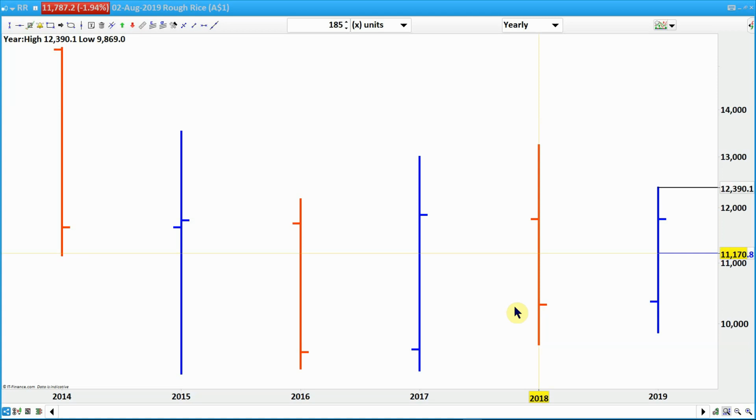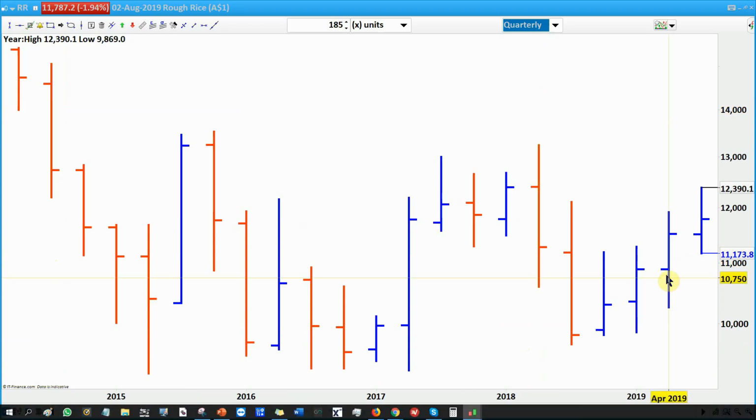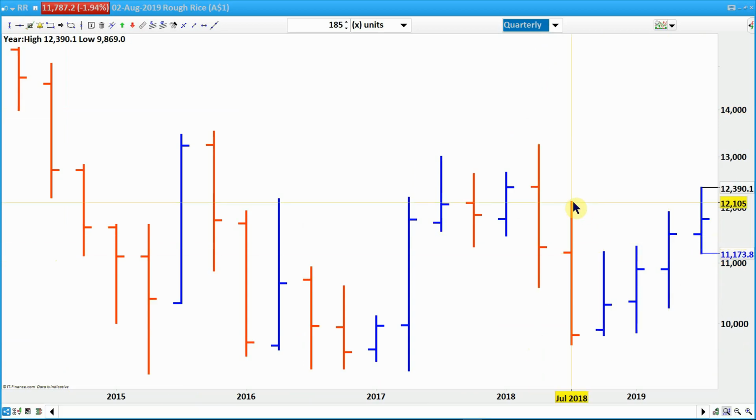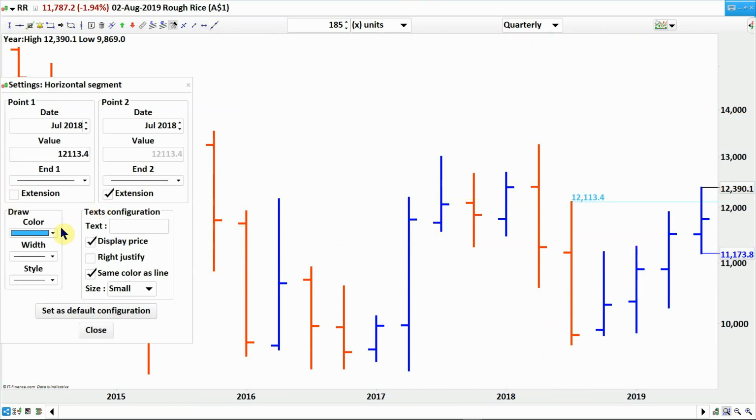This is a new product like live cattle, 2014. Yearly is nothing. Quarterly is going up but did not close above the bearish bar, which is resistance. So this is a resistance 12,111, 113.